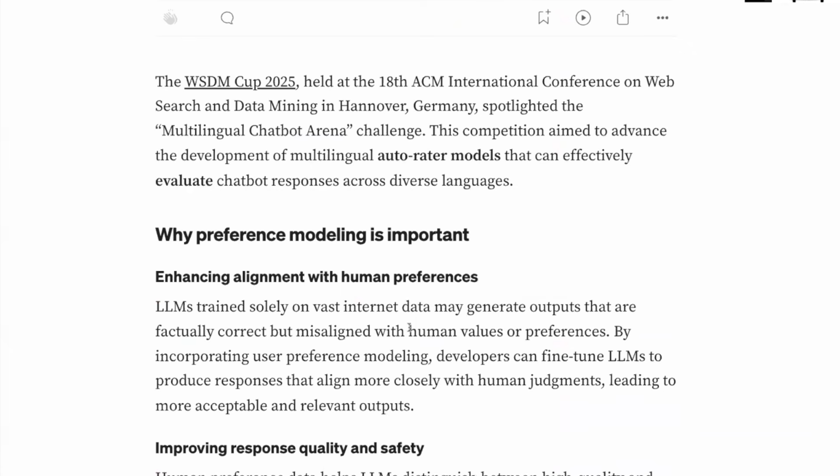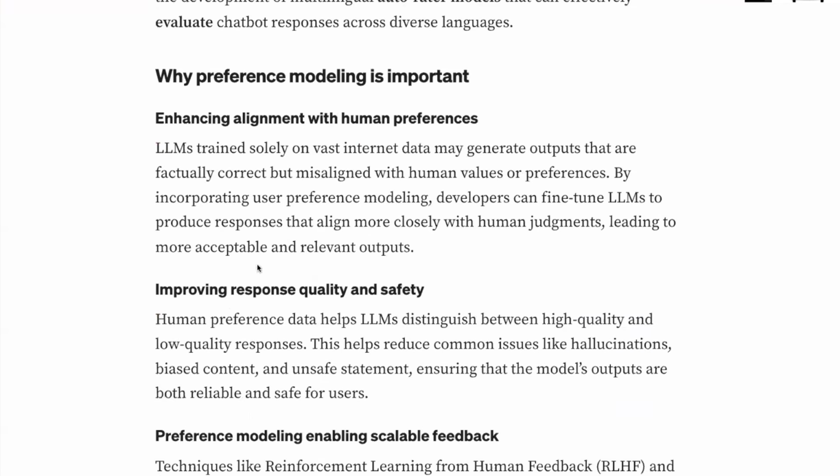Before diving into the winning solution, I want to first introduce a little bit about why we need preference modeling and how it is helpful for LLM training. Right. So why is preference modeling important? Because we all know that if we want to improve the user experience of LLM, like using LLM as a chatbot or as a human assistant, we want to align the LLM outputs with human preference.